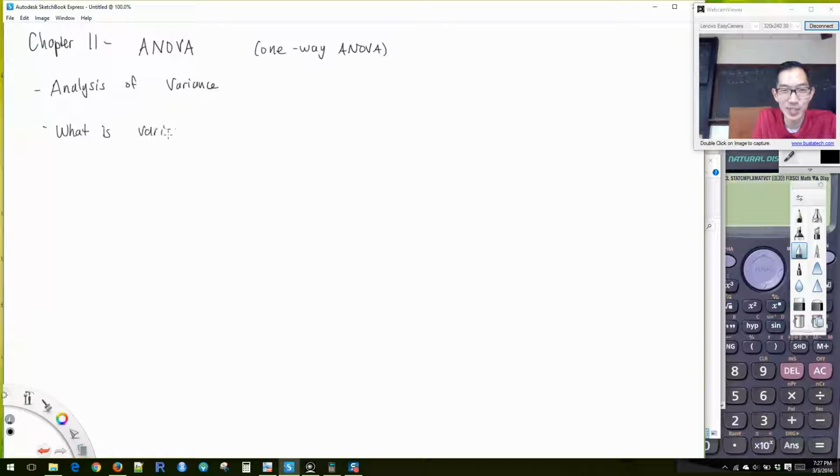Is anyone willing to offer a definition of what variance is? Yeah. How far away the values fall from the mean? Yeah. Average? Yeah. So the variance can be thought of as the quote average squared distance from the mean.